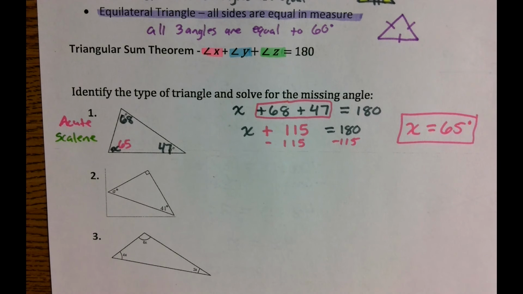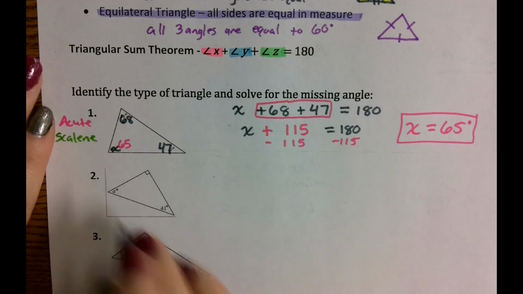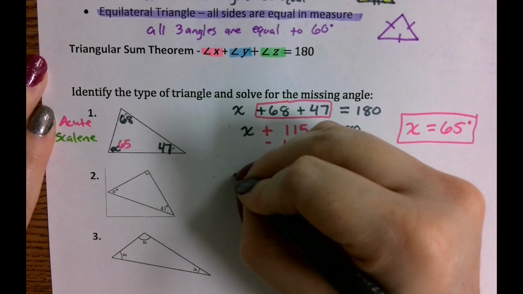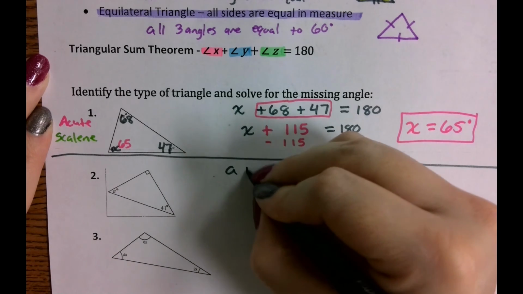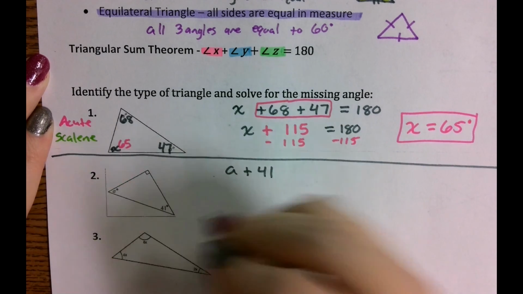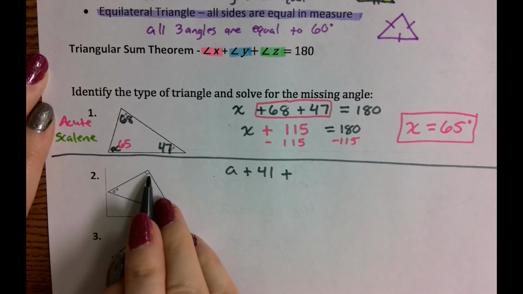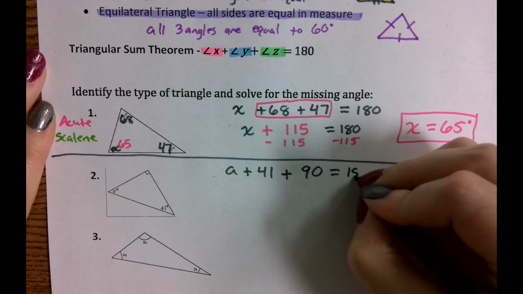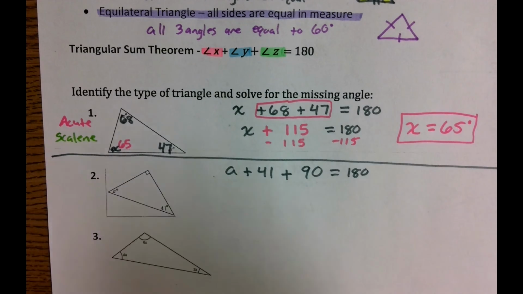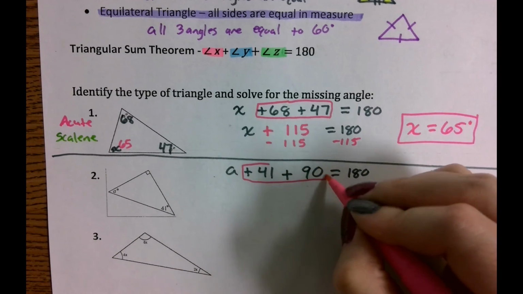All right, number 2. We have A degrees plus 41 plus, what is this measurement? 90. And that's set equal to 180. Okay, so we can add the 41 and the 90 together.